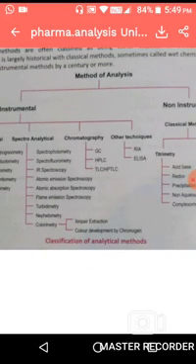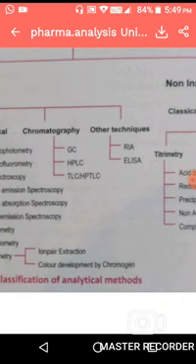Chromatography is basically about color change. You must have done paper chromatography in class 12th or in your college, right? But it is not mentioned here because it is mostly done at school and institution level. The things mentioned here are GC, gas chromatography, HPLC, high pressure liquid chromatography, TLC, thin layer chromatography, and HPTLC, high pressure thin layer chromatography.